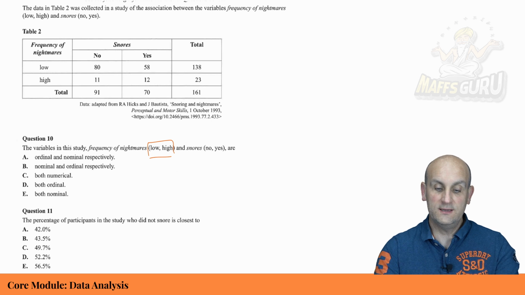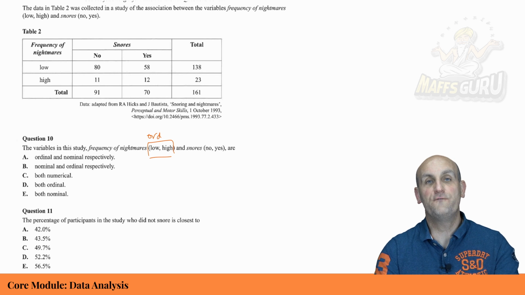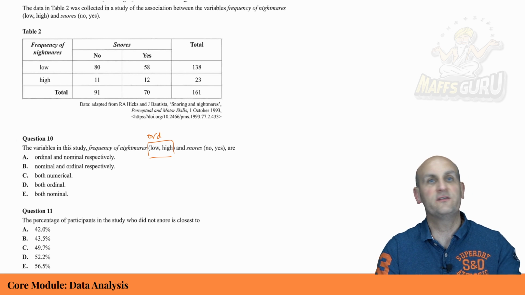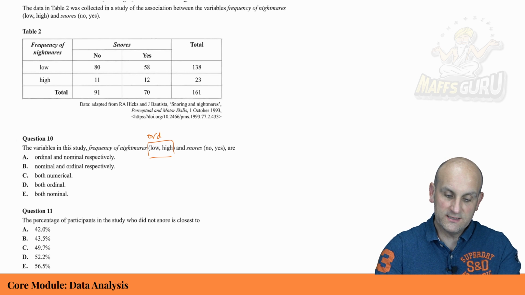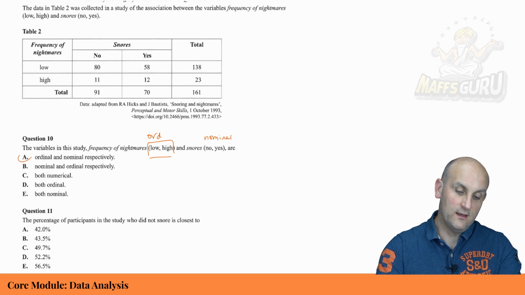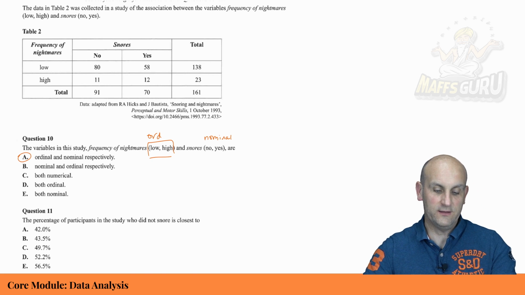So the first thing I know is that that is in fact ordinal. Snores, no, yes. I hate to tell you this, guys. It doesn't have an order. You can't find an implied order between no and yes. Nobody knows whether no is more important than yes. It depends on the context. It's not particularly obvious. And so once again, I'm afraid I have to tell you that that is nominal. And so for question 10, I believe A is in fact the correct answer.